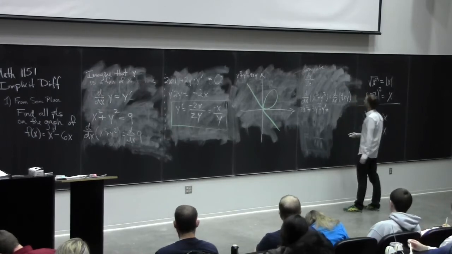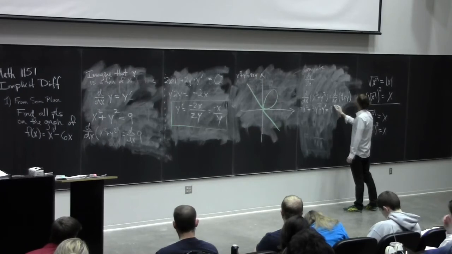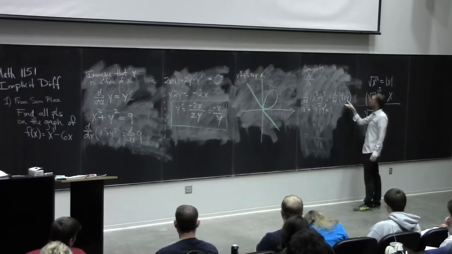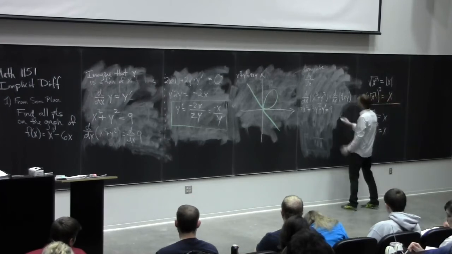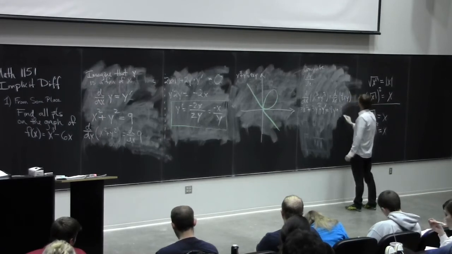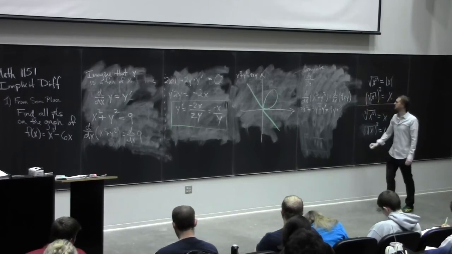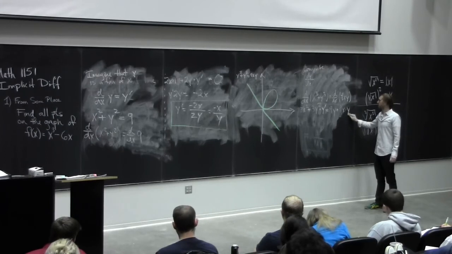Equals, well, it's going to be 9. What's the derivative of xy? What rule do we have to use? Product rule. Okay, so the derivative of x is 1. So it's 9y plus 9 times x times y prime.